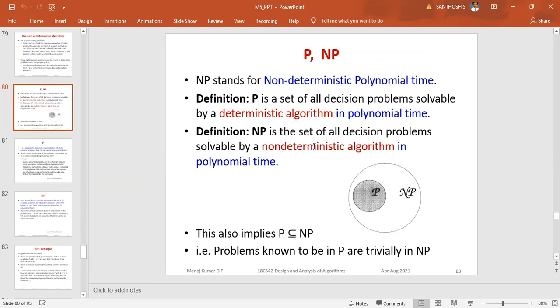We have seen so many deterministic algorithms: greedy algorithms, dynamic programming, backtracking.